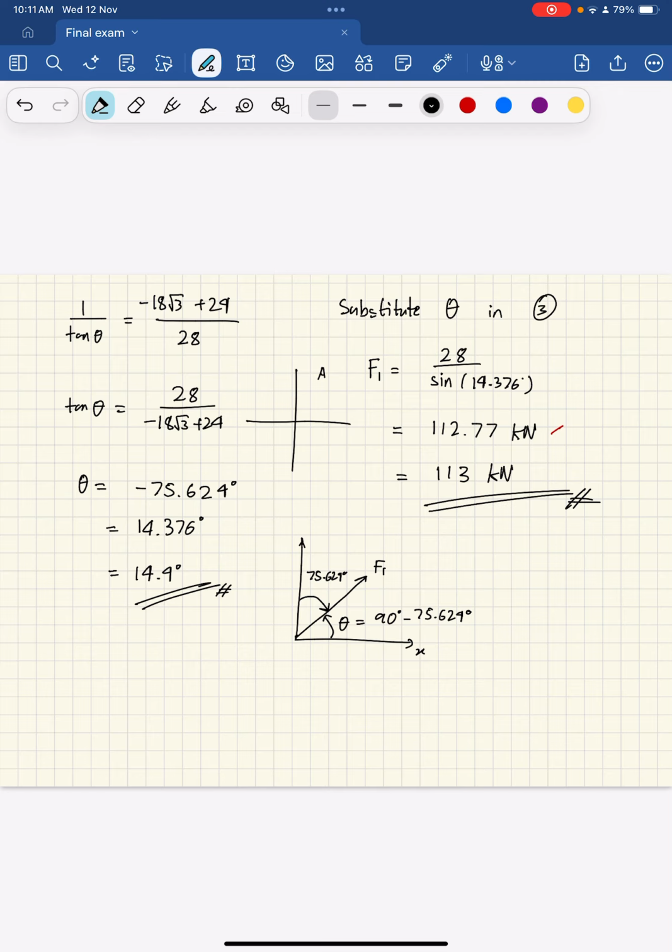It's all positive, right? Sine positive, 90 to 180.